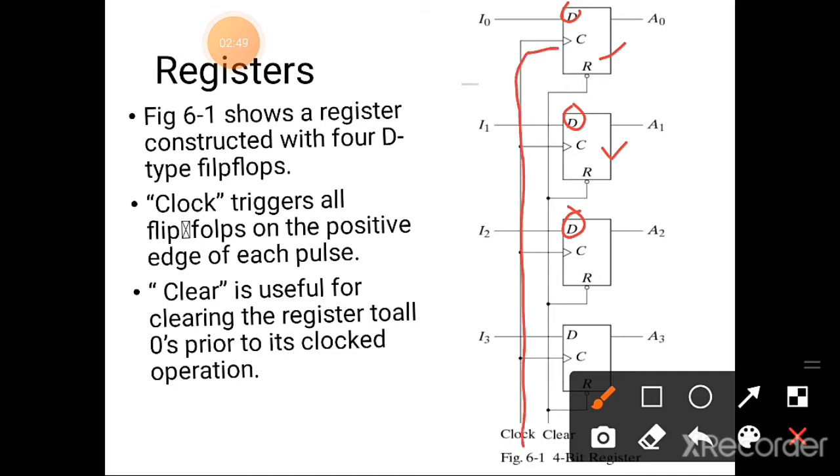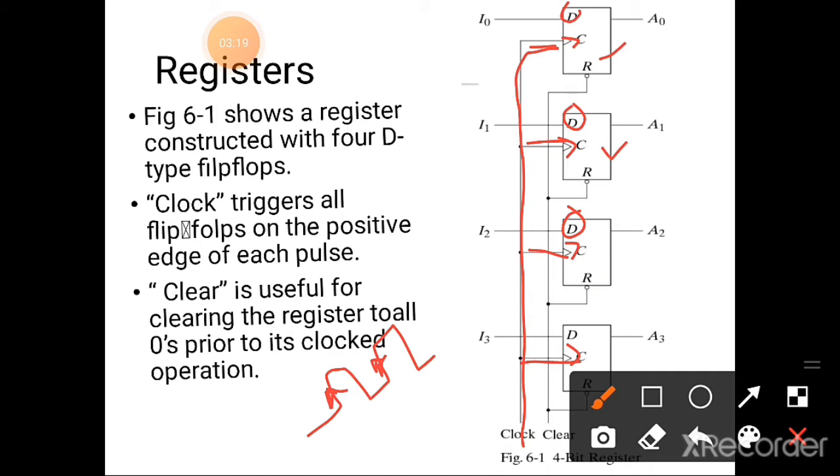This is a clock input which is common to all flip-flops. This clock triggers all these flip-flops on the positive edge of each pulse. So if there is a pulse, then its positive edge triggers these flip-flops on the positive edge of each clock pulse.